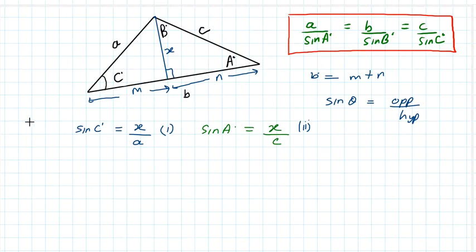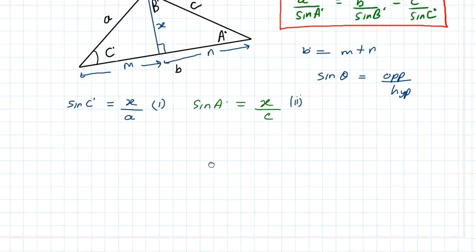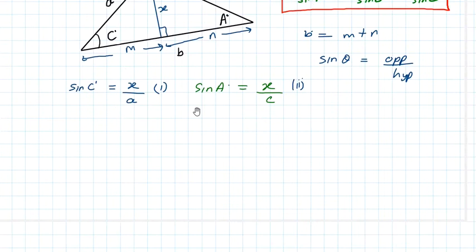Since these are two separate equations, to link them together we have to find something which is common between them, and that common term is x. So let's make x the subject of each formula and equate one to the other.